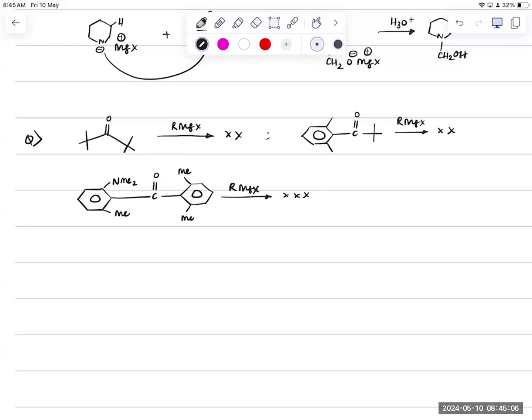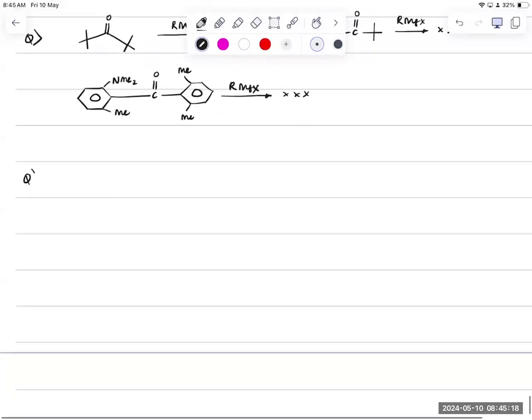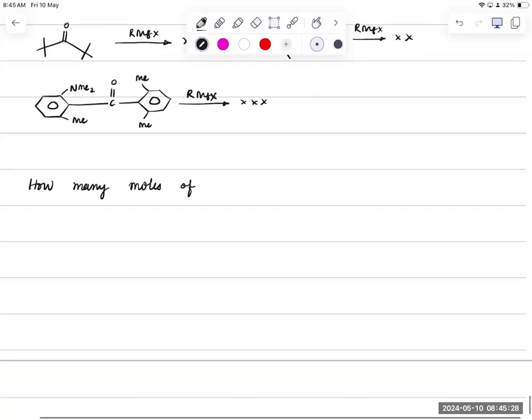Clear? Now, typically, questions that are asked from Grignard's reagent are about how many moles of aldehydes or ketones will be consumed. So the question will be like this: how many moles of RMgX in the following reaction are consumed?